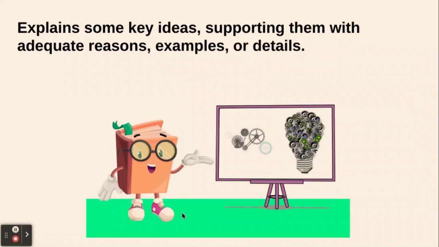Which brings me to these key ideas, supporting details, good examples. You want to be sure that they're all supporting that statement. So if you disagree on something, you want to have at least 3 good examples of why you disagree on this.